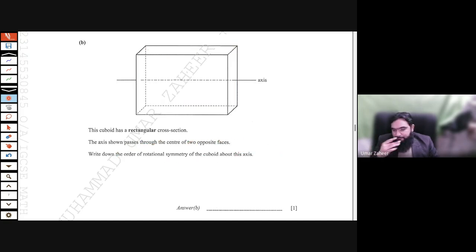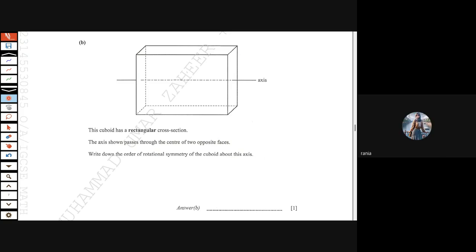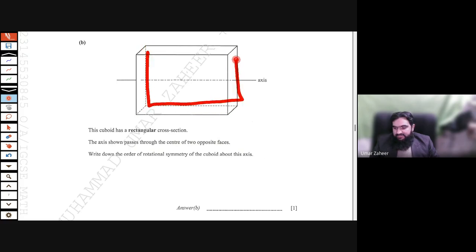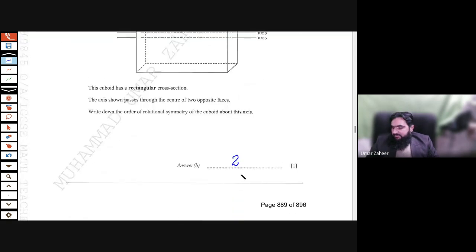Yes, that is 2, because it is front. When you rotate it through 180 degrees, it will be at the back and get the same image. So the order of rotation symmetry for the cuboid is 2. Yes, it is clear.